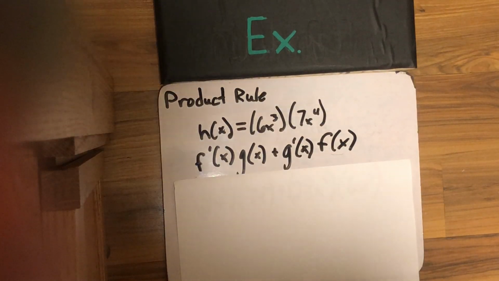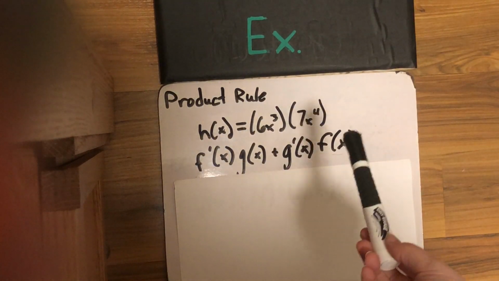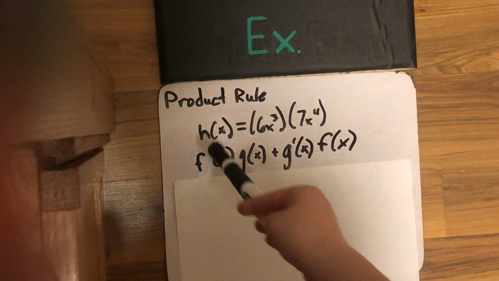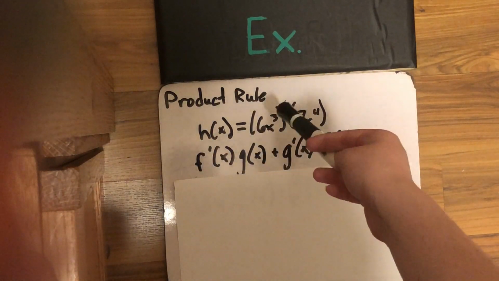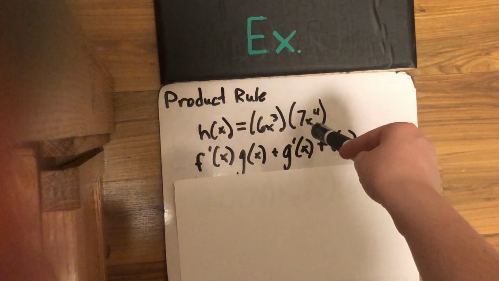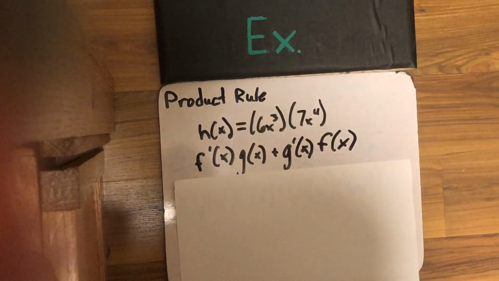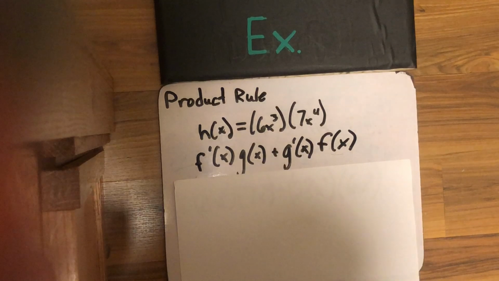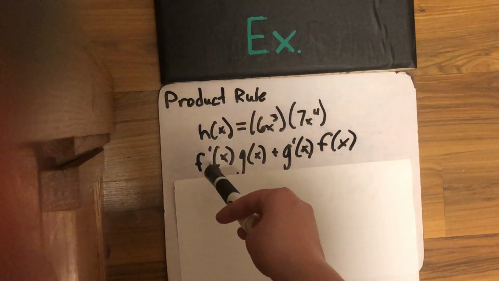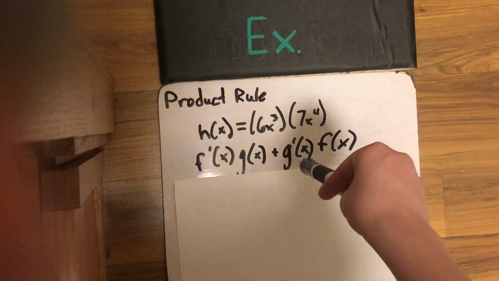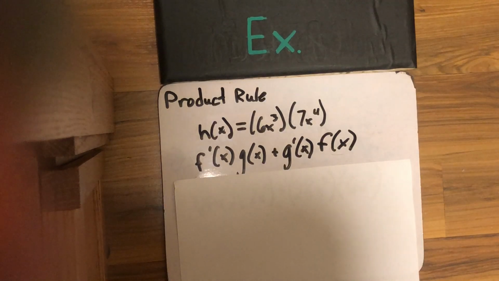Our next example rule is going to be product rule. So product rule, remember, is when we have multiplication. So here h of x equals 6x cubed times 7x to the fourth. Since these are being multiplied, we use product rule, which is written out right here. We have to remember that we use f prime of x times g of x plus g prime of x times f of x.